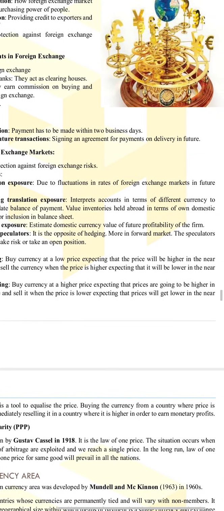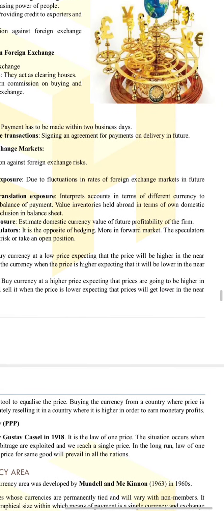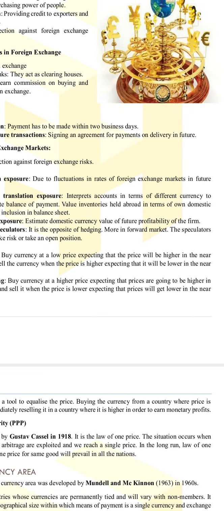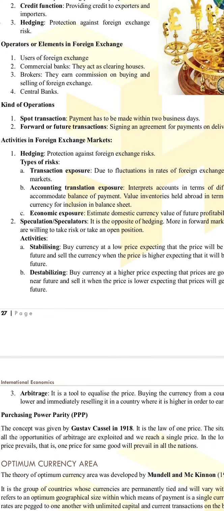Inventory is held abroad in terms of own domestic currency for inclusion in the balance sheet. And then economic exposure estimates the domestic currency value of future profitability of the firm. These are the types of risk in the foreign exchange market that relate to hedging.